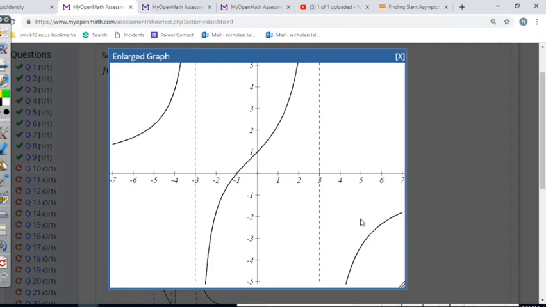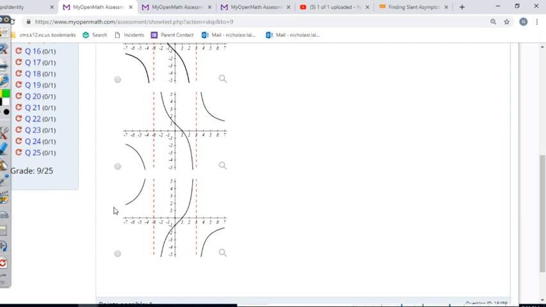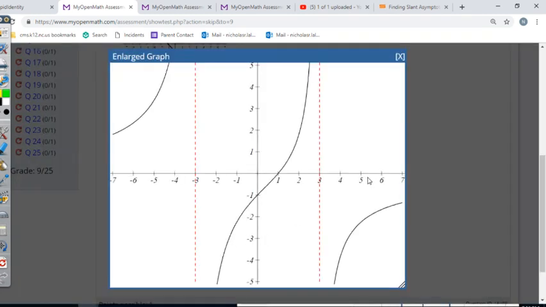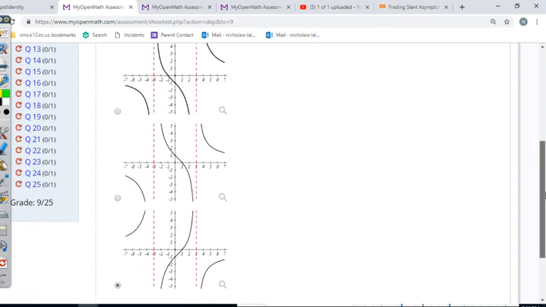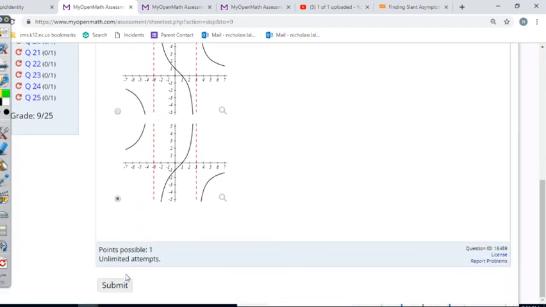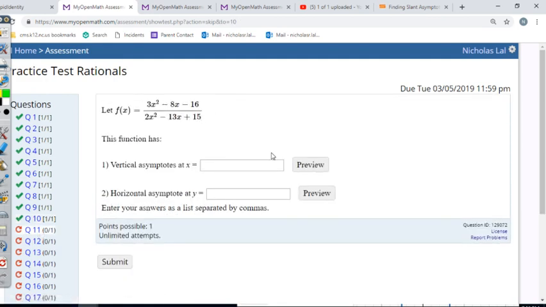Well, that's a little bit lower. If we look at this one, 5, -2.25. Okay, that's one way to approximate our answer and submit. I got it right. Let's go to question 11.